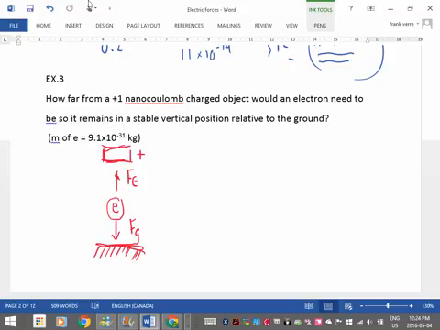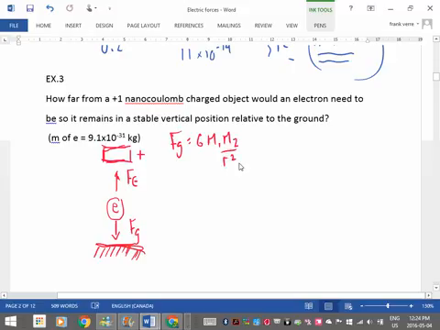So the question is, how far from a 1 nanocoulomb charge would we need to place an object, like an electron, so that it would be stable? In this case, what we could use is the weight of the electron. I would not recommend using this equation for this question.